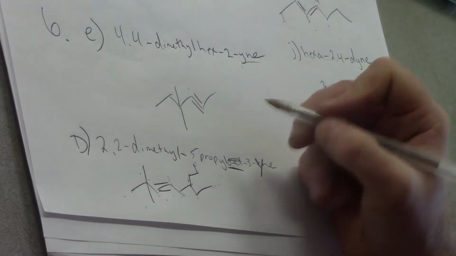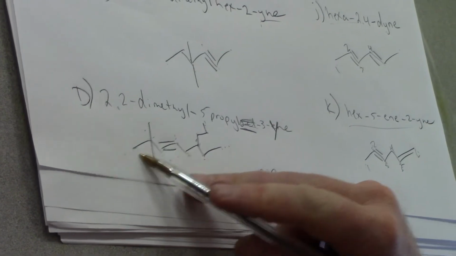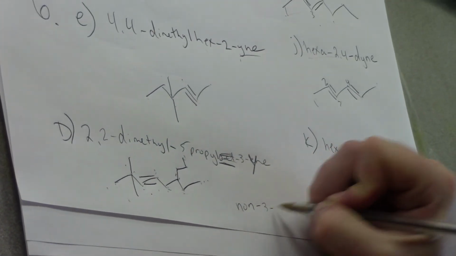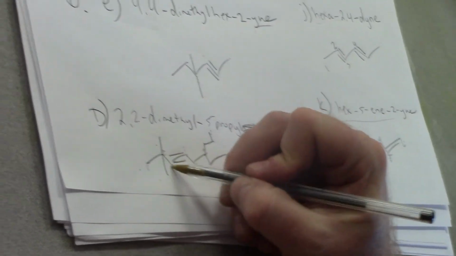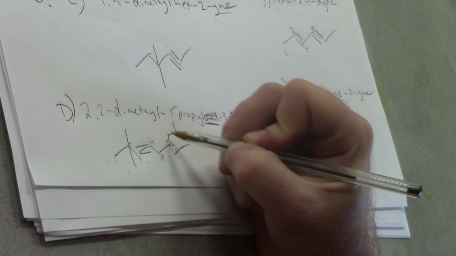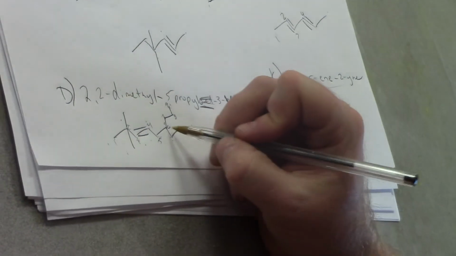So I'm going to rename this, and this is actually going to be non-3-yne. And if I look at this, this is 1, 2, 3, 4, 5, 6, 7, 8, 9. On carbon 6, there's an ethyl group.